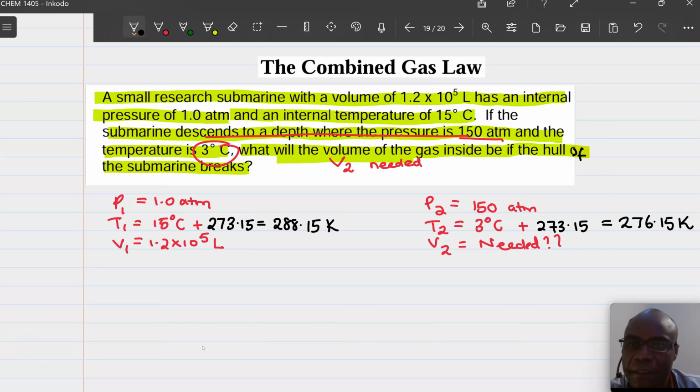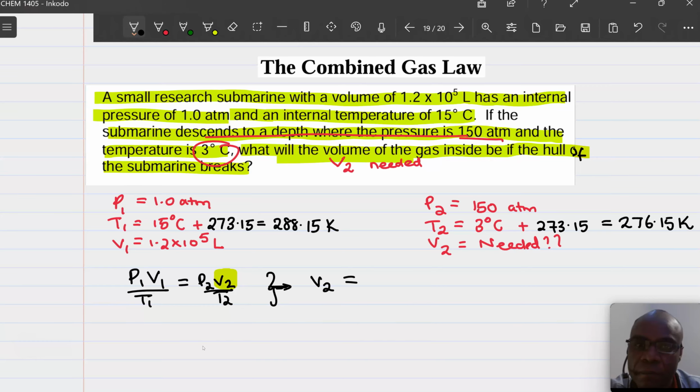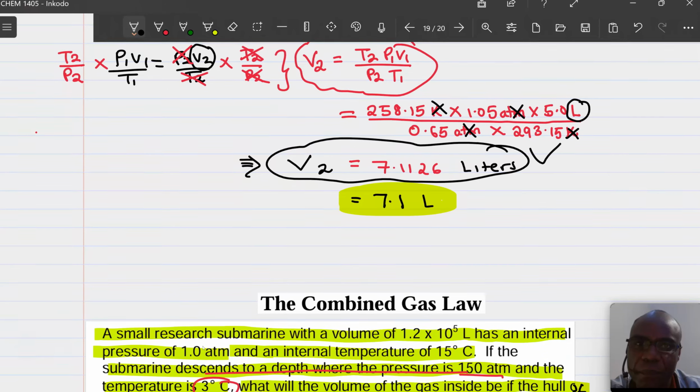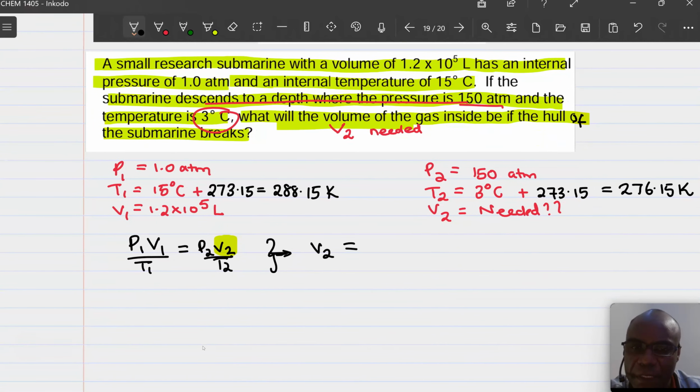Knowing that, we are going to do the math because we are aware of the formula for the combined gas law. Looks like this. We again need V2. So we will write this equation to read. We did it before. I showed you V2 is found here, how to get it. So it's T2 over P2 and then the rest. Just rearrange these variables.